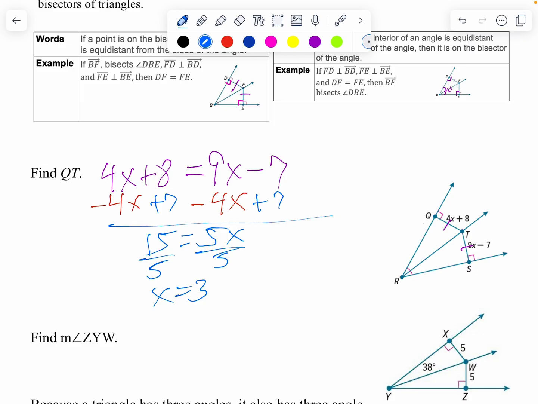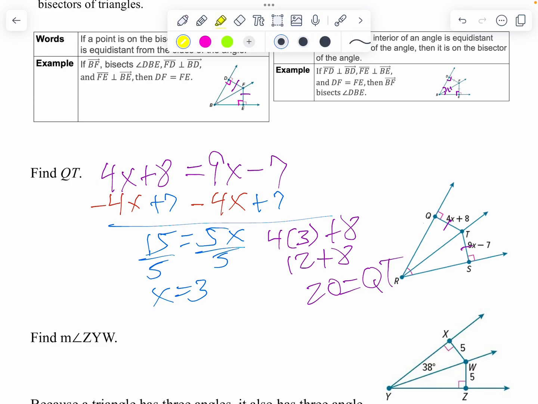So I'm going to say 4x plus 8, and so we're going to say 4 times 3 plus 8, or 12 plus 8 is 20. And that's going to equal QT. Don't forget to substitute those back in on some of those problems.